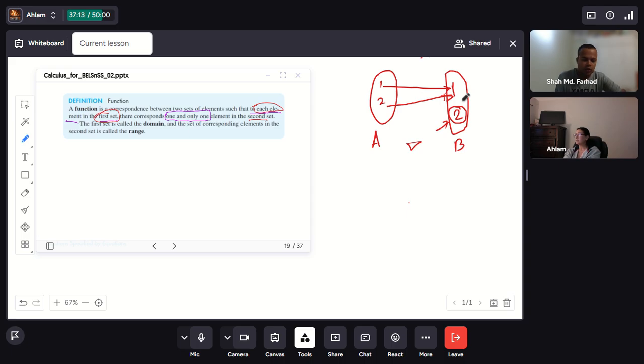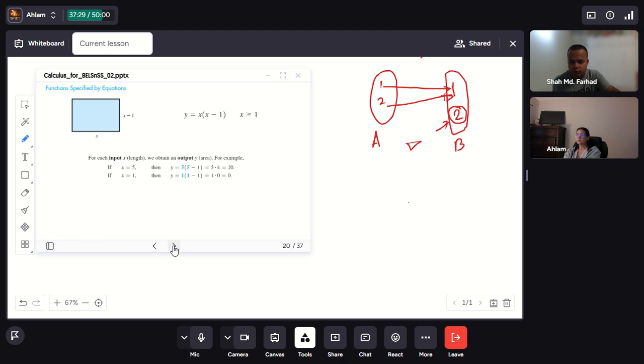Now we can easily decide whether the relation or mapping between 2 given sets is a function or not. Then we can move forward.